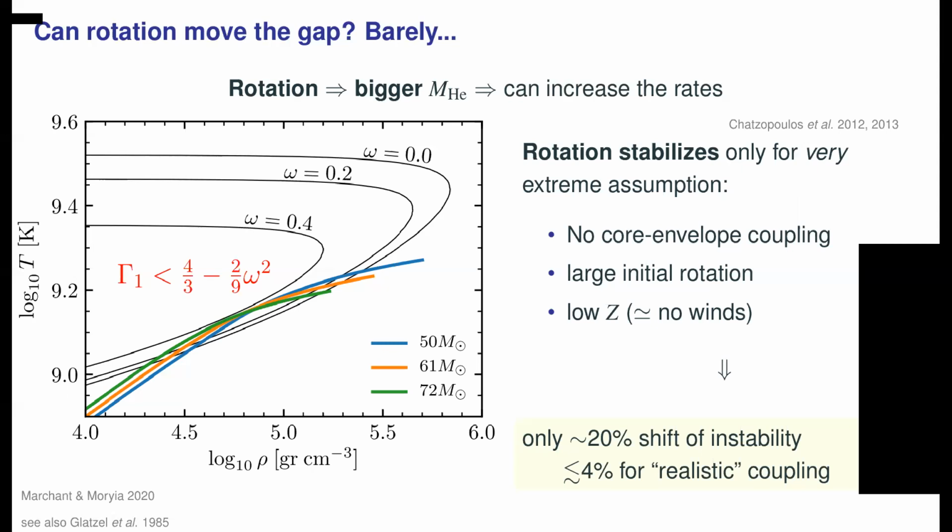That is possible. What I was saying is that if you assume that your core is just an isolated ball that doesn't communicate with the envelope, it keeps its angular momentum, so as the core contracts, its spin is going to go up. But even in this optimistic scenario, the rotation is not enough to prevent the pair instability. So you would still pulsate if you're massive enough, no matter how fast you rotate.